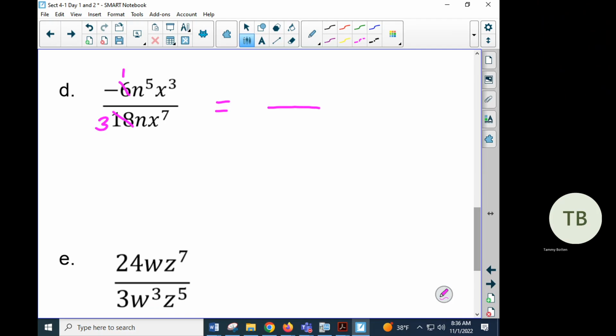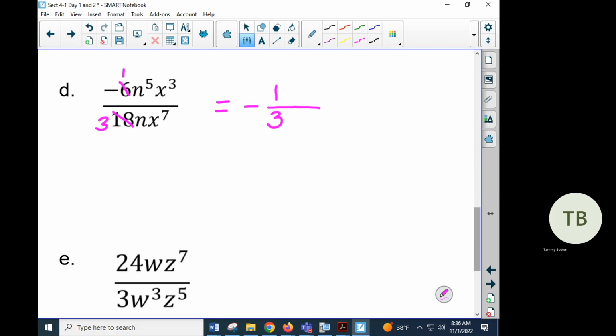I didn't get rid of that minus. So when you have a negative like that, you can put the minus out front. You could put the minus on top. You could put the minus on the bottom. It doesn't matter. Just so you know that it's negative. Now, we still have that 3 on the bottom. And I could put that 1 on the top, but I wouldn't have to.